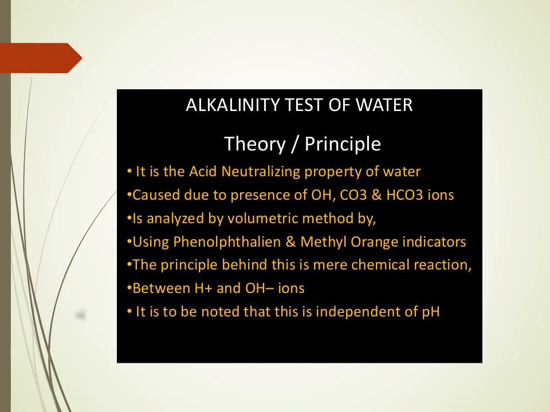Now, the important thing is how you will determine the type and the extent of the alkalinity present in the water sample. It is done with the help of titration. First of all, you take a water sample of a particular amount, for example 50 ml or 100 ml, in a conical flask, and then add phenolphthalein indicator to it.